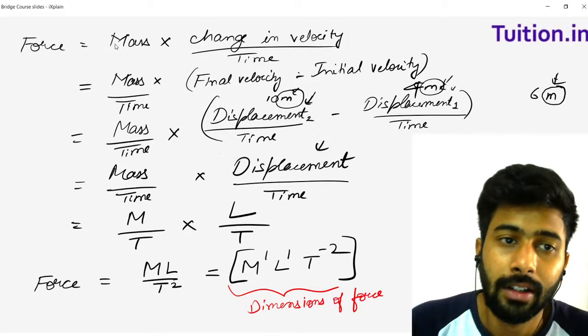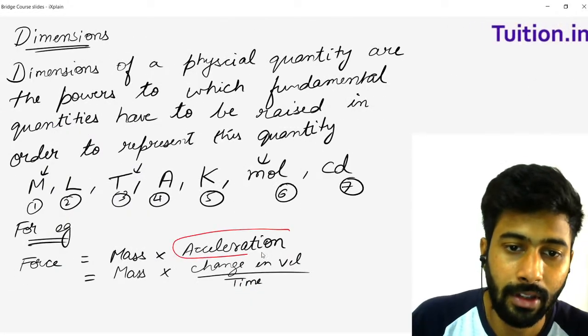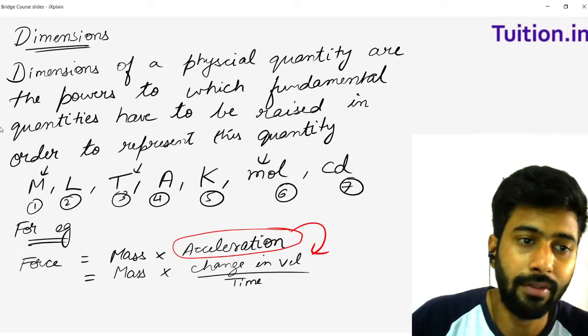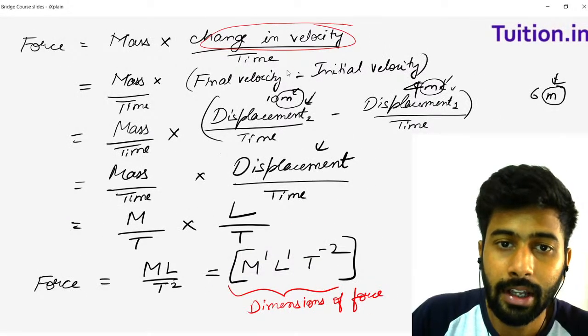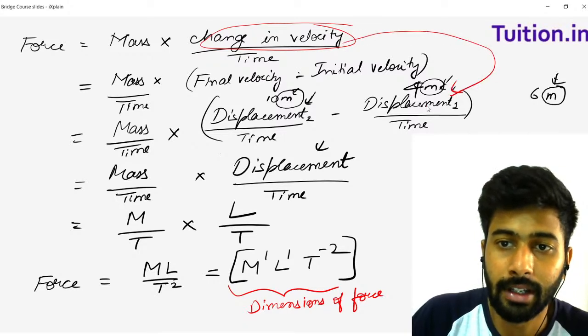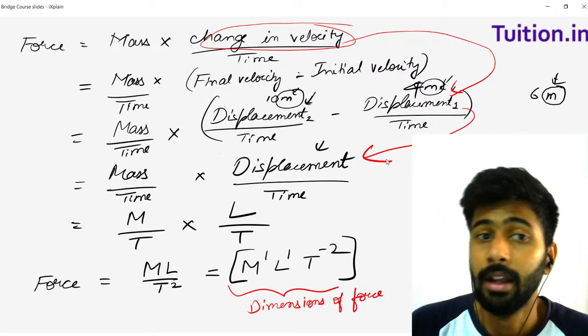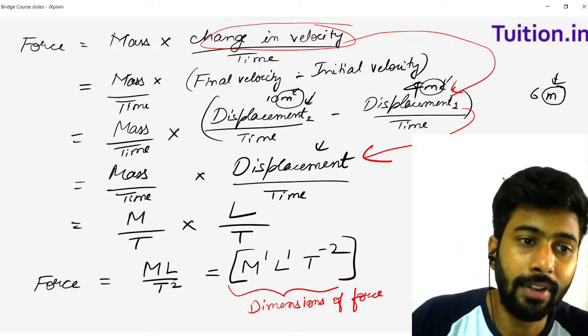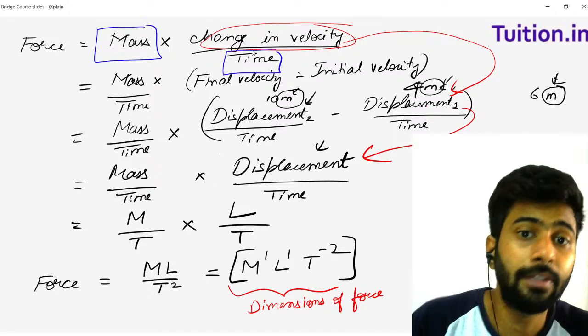Now, I started with acceleration. From that, I went to change in velocity. Then from change in velocity, I went to displacement. I had to finally come to displacement, and only then I could stop, because mass is a fundamental physical quantity. Time is also a fundamental physical quantity.